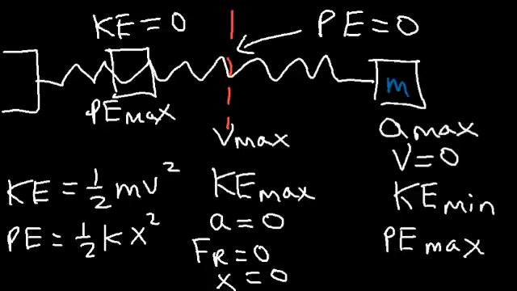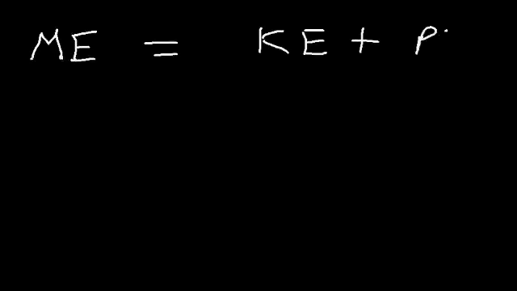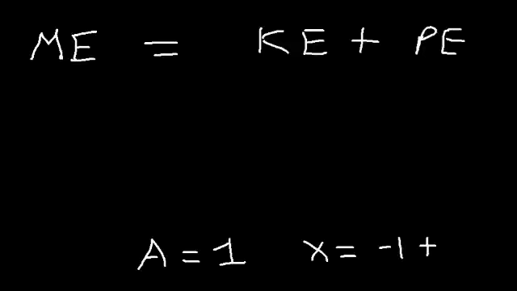Now, there's another thing that you need to be familiar with, and that is mechanical energy. The mechanical energy is the sum of the kinetic energy and the potential energy. Keep in mind, when the amplitude is 1, x can vary anywhere between -1 to 1.